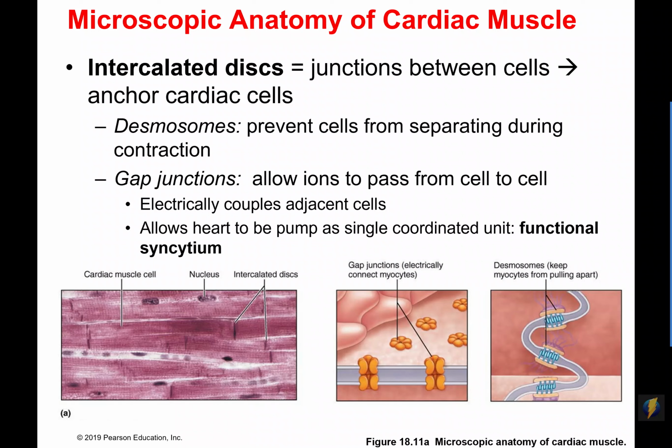And we do so through the intercalated discs, because in addition to the desmosomes, the intercalated discs also contain gap junctions. And then these gap junctions allow cells to essentially speak to each other, to very, very easily pass ions from one cell to the next. That allows the pump to work as a coordinated unit, not as a very uncoordinated kind of multi-unit thing.